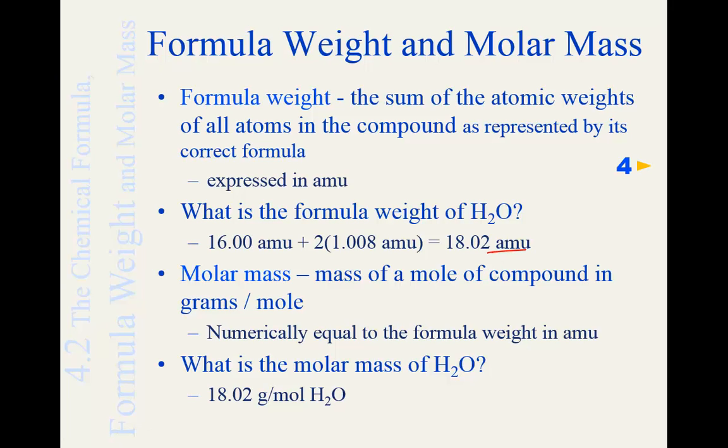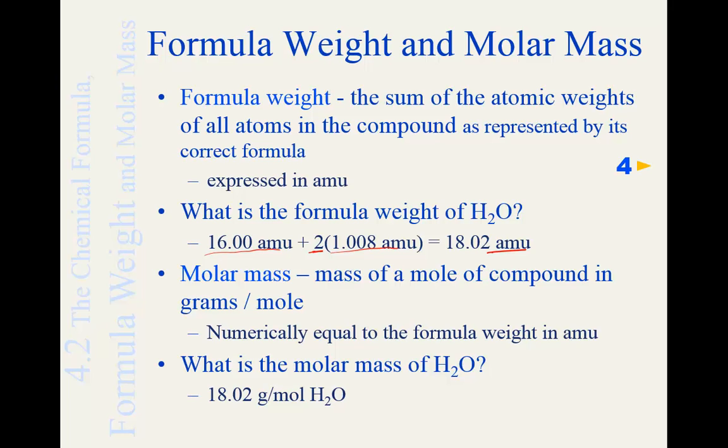All right? So formula weight of H2O, you would say 18.02 atomic mass units. And you say, how'd you get that? Well, you go to the periodic table, and oxygen weighs 16.00 atomic mass units. Hydrogen weighs 1.008 atomic mass units, but you got two of them in water. So 2 times 1.008 plus 16 gives me 18.02 atomic mass units.